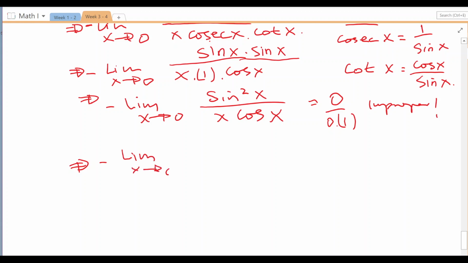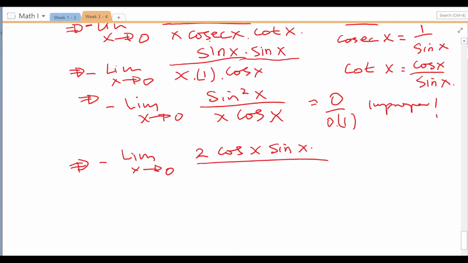The limit as x approaches 0 of the derivative of sine squared x is 2 sin x to the power of 1 times the derivative of sine x, which is cos x.